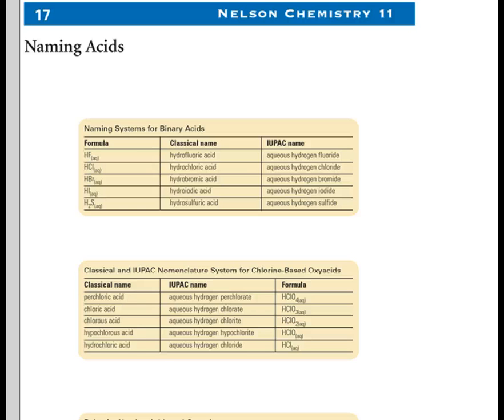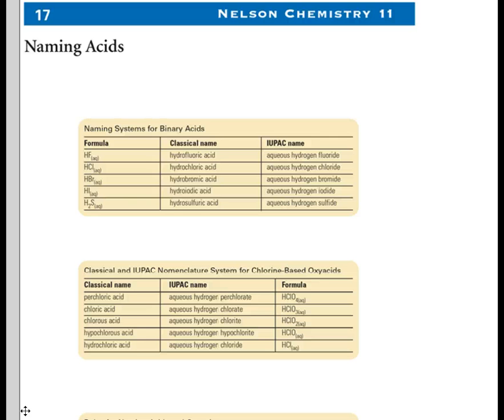So with binary acids, the classical names are different, but just sticking with the IUPAC name, as being responsible for that, they're quite often mixed in water, so they begin with the word aqueous, and then hydrogen if there's a single hydrogen, or even if there's two hydrogen atoms, the name is aqueous hydrogen, and then the ion that follows ending in IDE, as we would name it for ionic. Okay, so binary acids are quite simple.